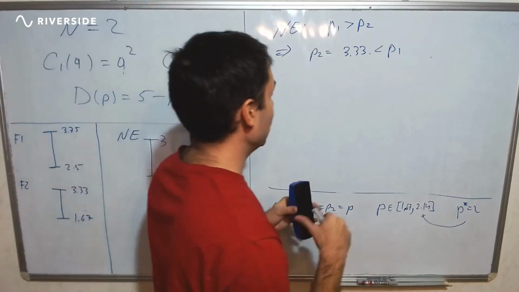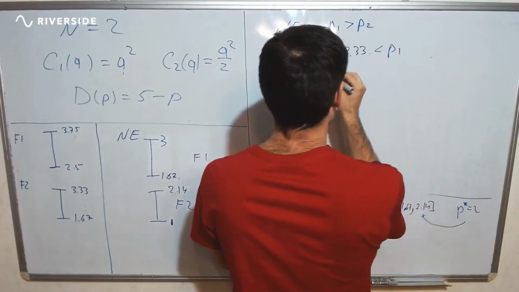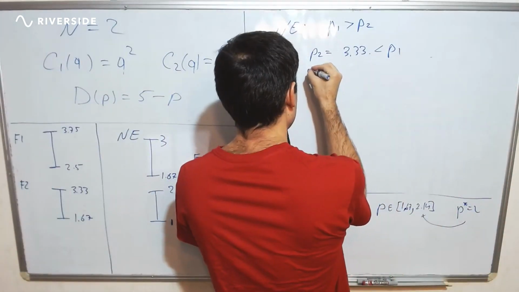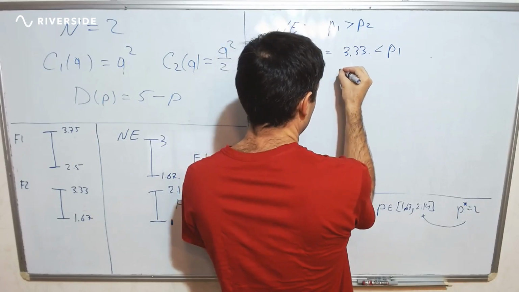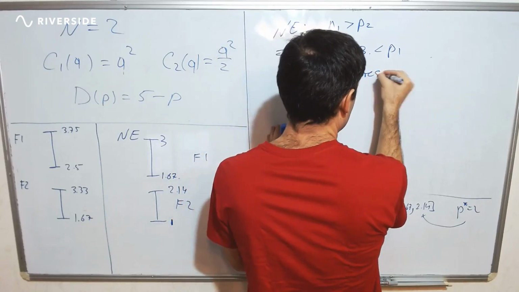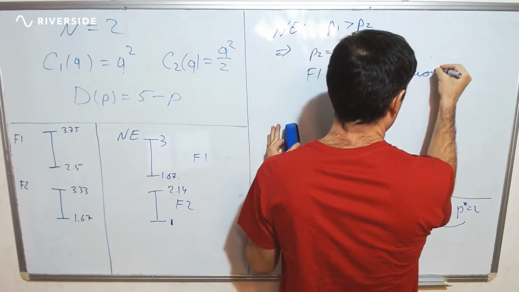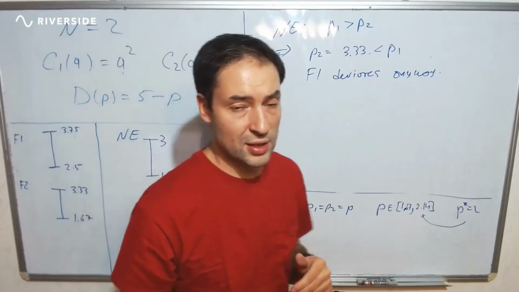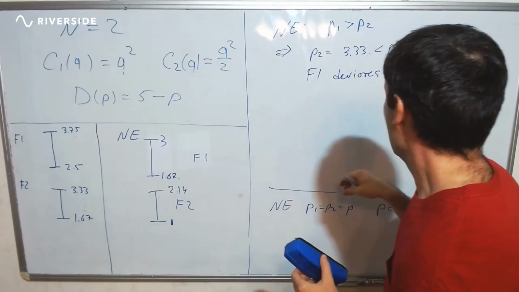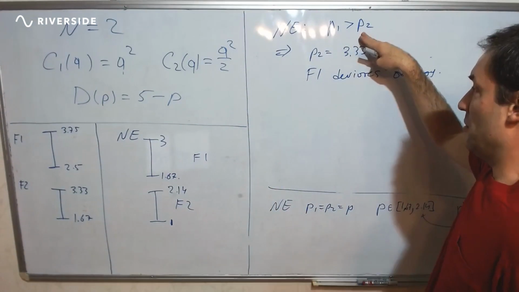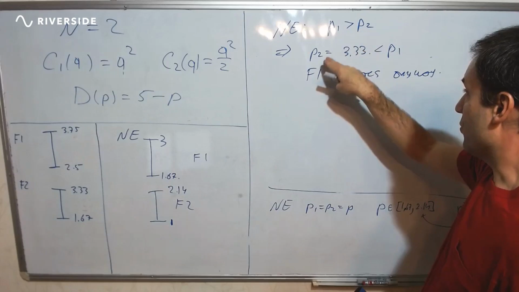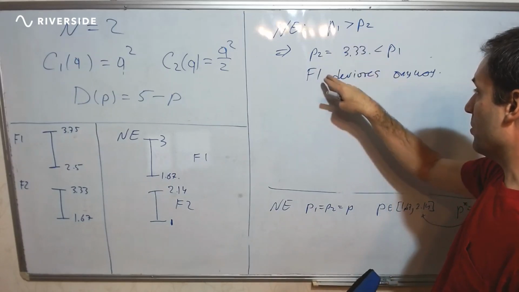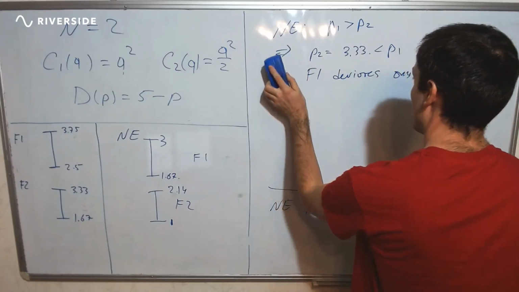Currently, firm 1 doesn't make any profits. So if P2 is here, then firm 1 would deviate anyway. So this is the type of argument you do to show that it's impossible to have these types of situations. So it's either immediately firm 2 would increase its price, or if firm 2 doesn't want to because it sits at monopoly price, then obviously firm 1 would want to deviate.